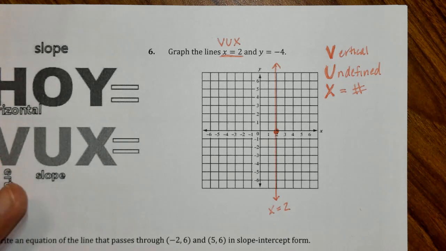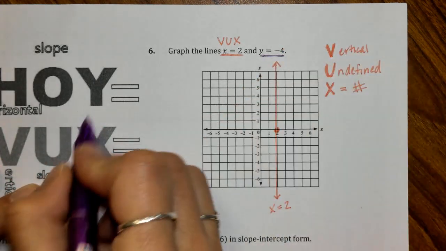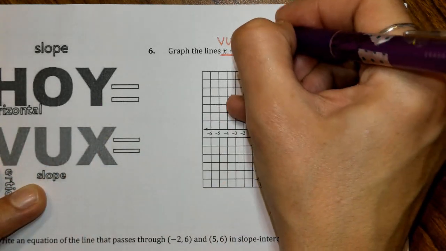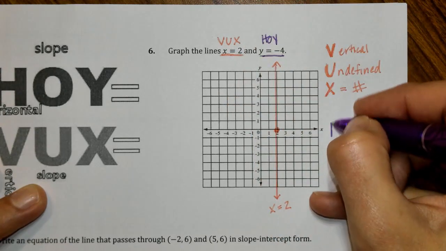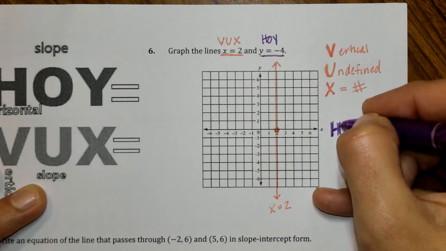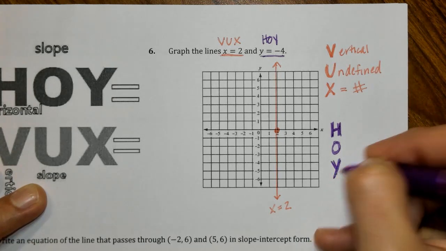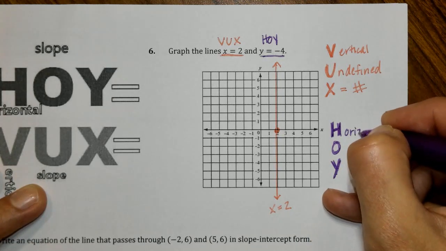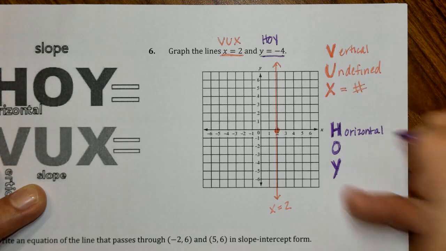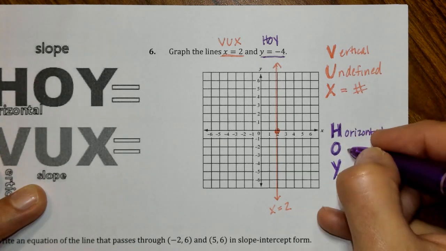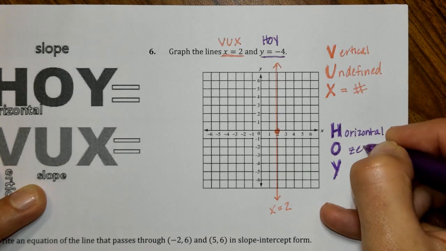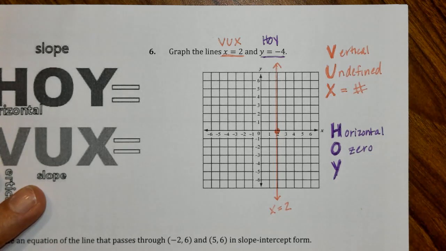Now with Hoy, it ends in y, so it's going to be y equals a number. Hoy, H, O, and y. H stands for horizontal, for a horizontal line. The O is actually representing a 0. The number 0 means you have a 0 slope.